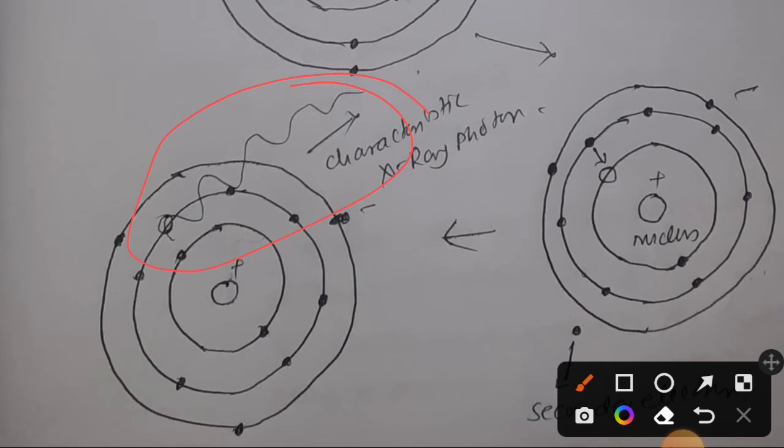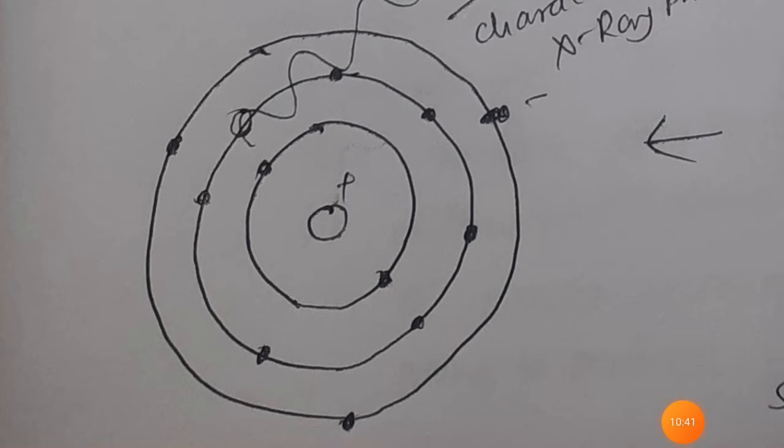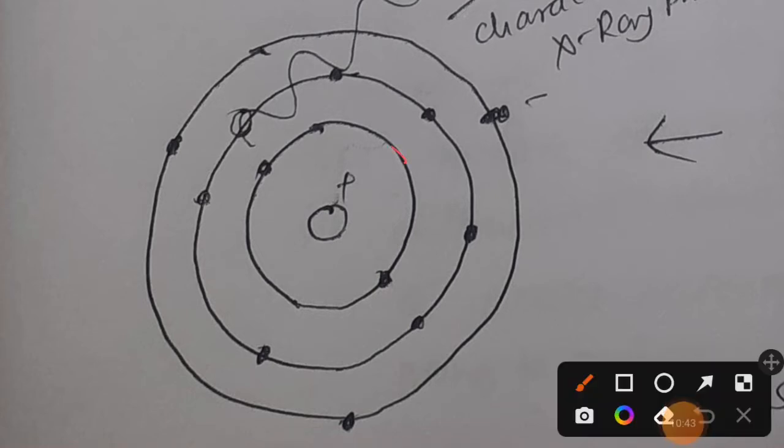Okay, so it is clear that due to the jumping of the electron, the inner shell is now in its normal state. But there is a problem that is created in the L shell, right?